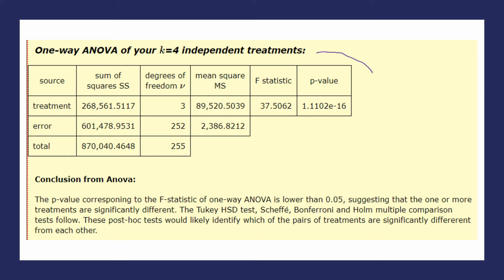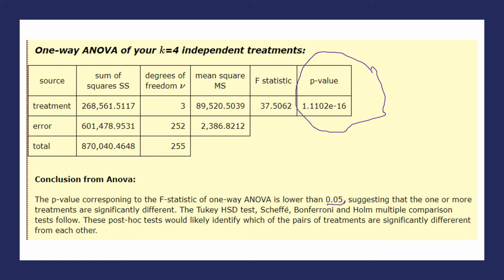So we look at the p-value, which tells us, is there a difference if we compare these four groups from the 7 years? And the answer is, oh yeah, big time. It's much lower than 0.05. It's 1 times 10 to the minus 16.